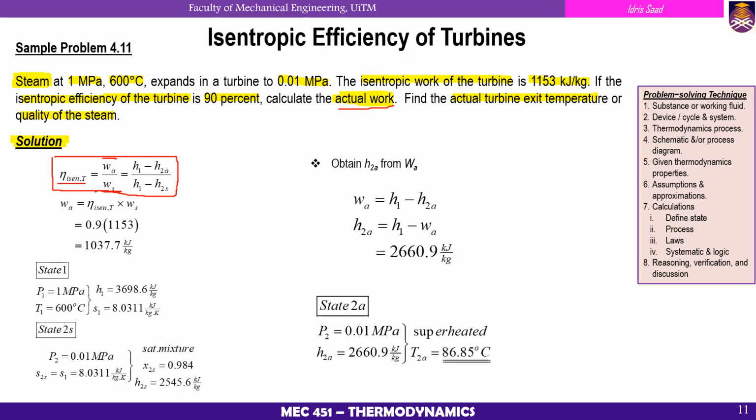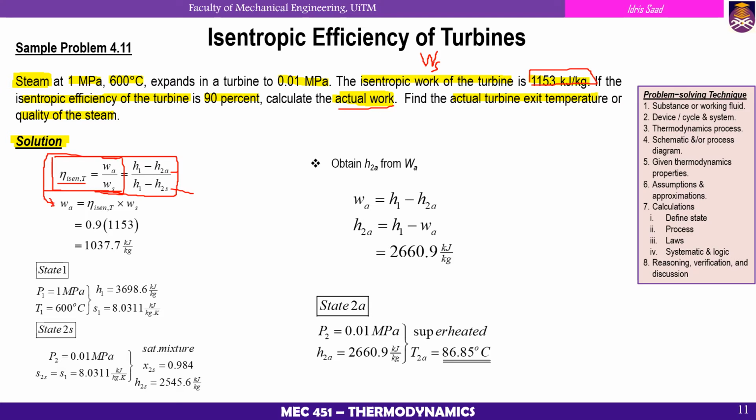It is also equal to H1 minus H2A divided by H1 minus H2S. Please do remember, A means actual and S is equal to isentropic. The question already gives us 1153 kilojoule per kilogram. This is basically WS.